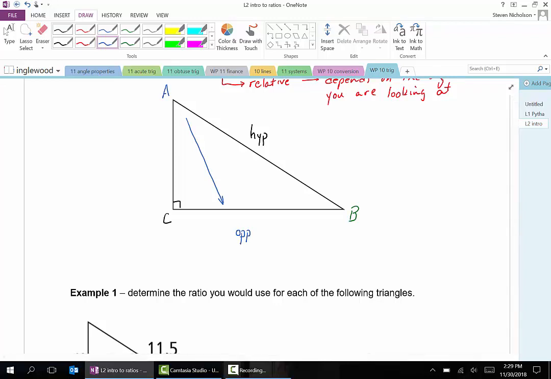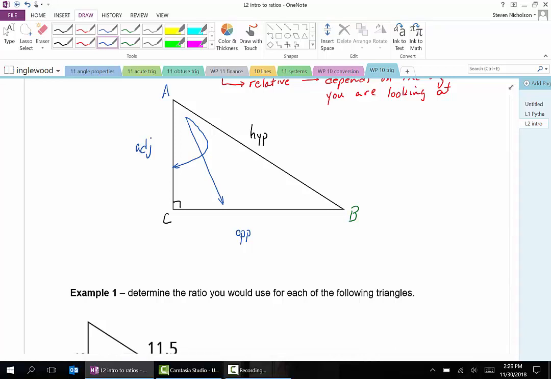So relative to angle A, this horizontal side is opposite, meaning across from. If that's the opposite of angle A, then the vertical side has to be the adjacent side. And another word you might think for adjacent is touching or next to.